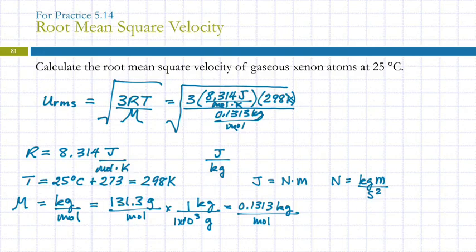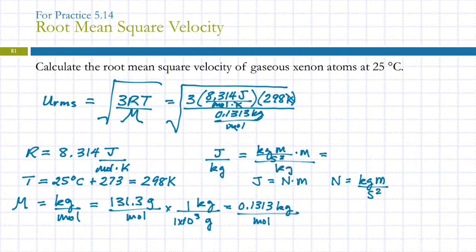It's a mess. I'm not expecting you to do this, but I want to show it to you once, so you can say, oh yeah, she showed me, it works out. So joules per kilogram: kilogram meters per second squared times meters divided by kilogram.